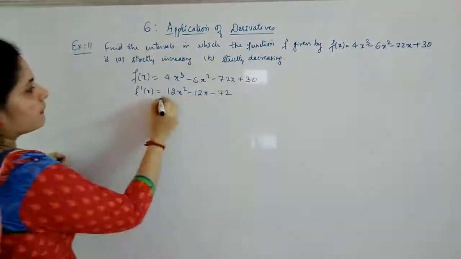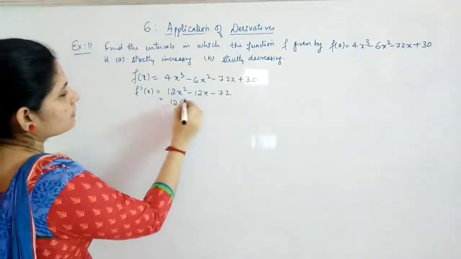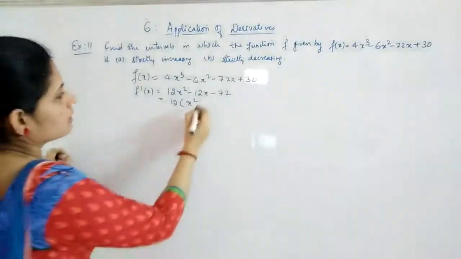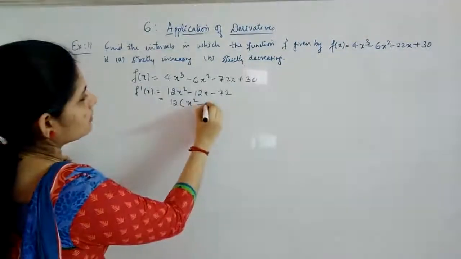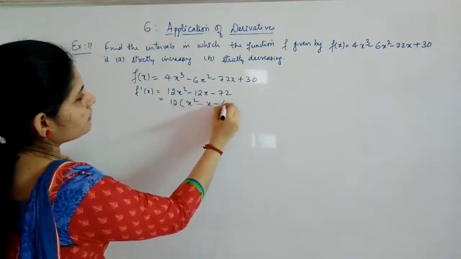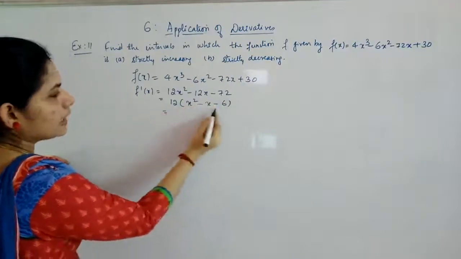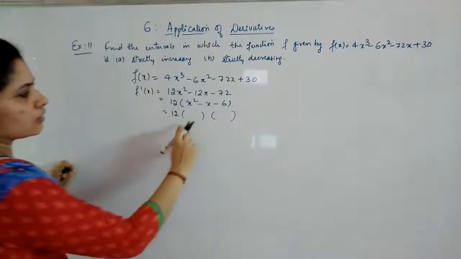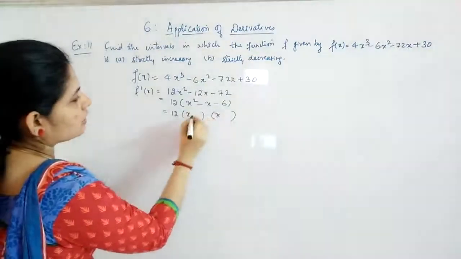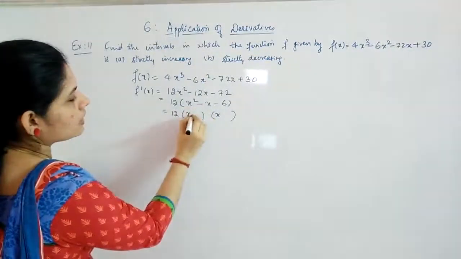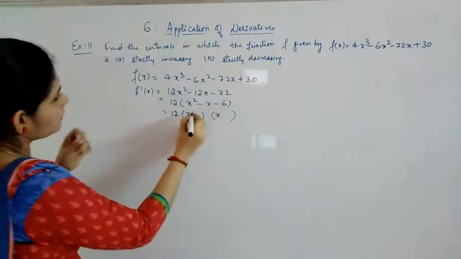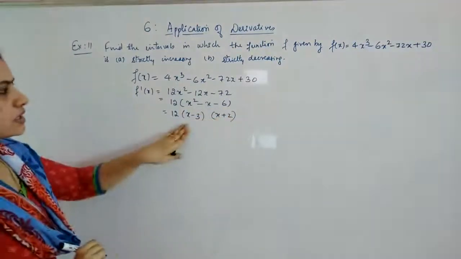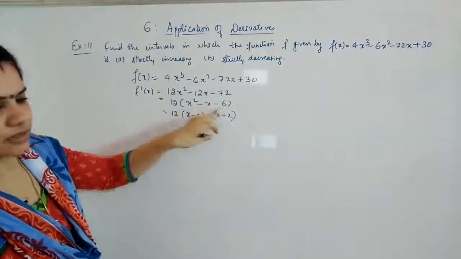You can take out 12 in common in order to get the critical points. x square minus x minus 6. Again, this can be broken into factors of 2 and 3. Here both are negative, so you can take 3 negative and 2 positive. So these are the factors of x square minus x minus 6.